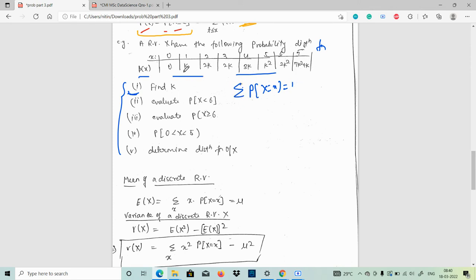So this will be k plus 2k plus 2k plus 3k plus k squared plus 2k squared plus 7k squared plus k equal to 1. In this particular case, 10k squared plus 9k minus 1 is equal to 0, and you can solve for k.